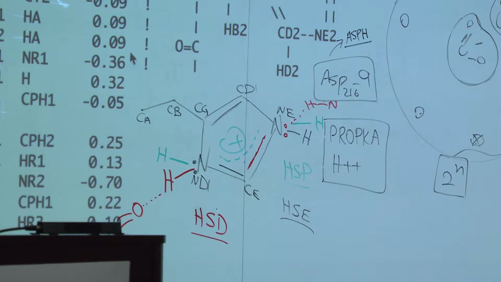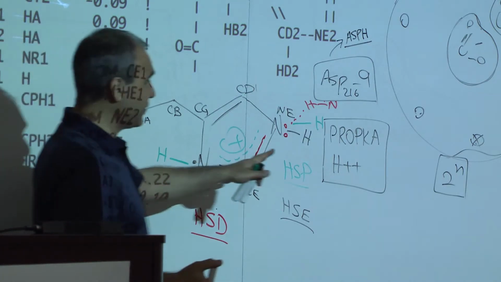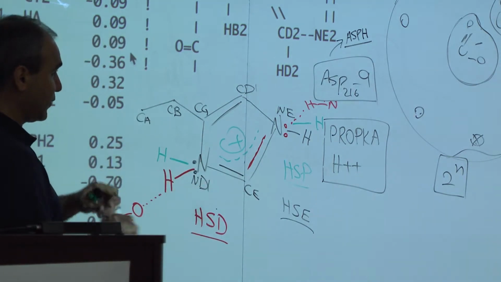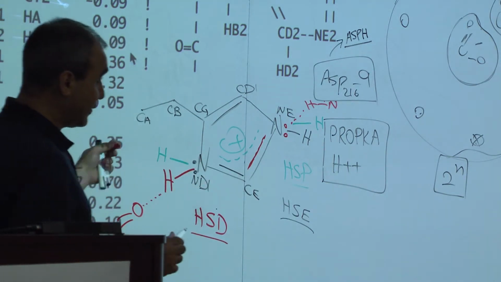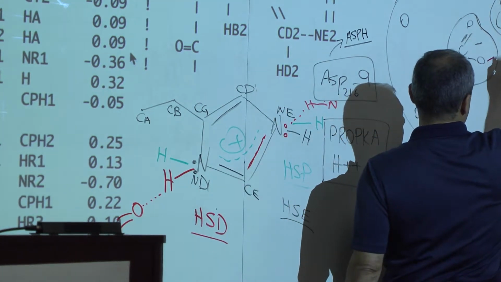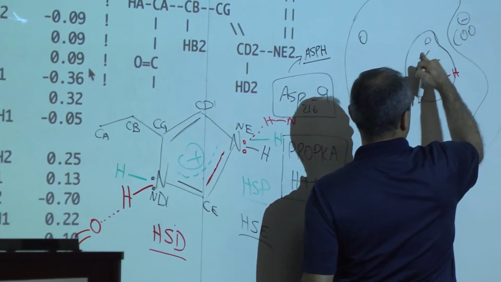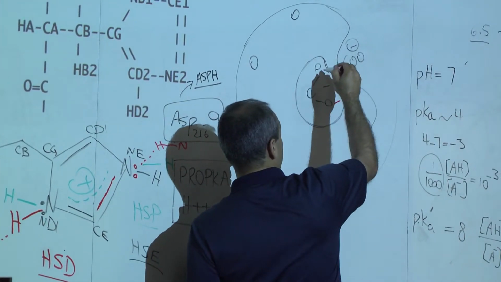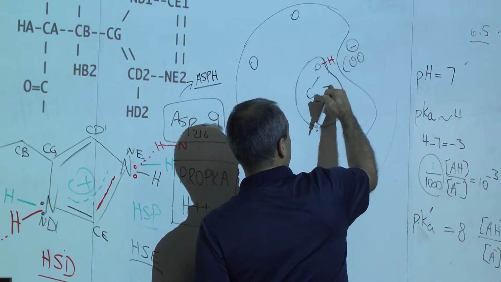So what I would do, again, some of these pKa calculators even suggest what might be the position of the hydrogen. This becomes also the case when you're adding a proton to an aspartate, for example. You want to protonate that because you have a shifted pKa. Are you going to put the proton here, or are you going to put the proton here?